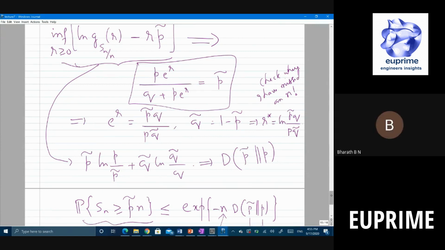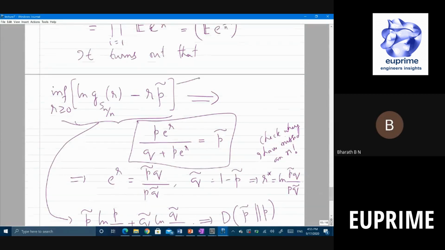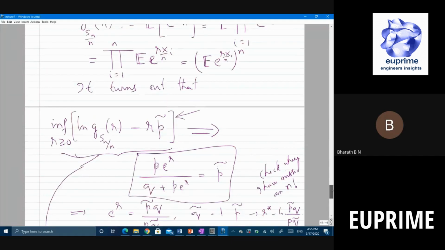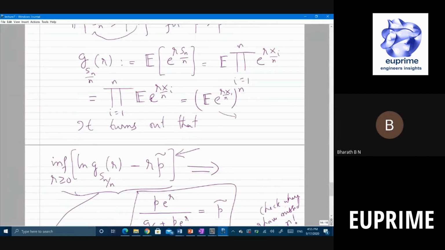So for example, I have to solve for this equation. In other words, I have to optimize this with respect to r. So how do you do that? Well, you have to compute this. What is this? This is summation over all x, of course, from 0 to 1, x e to the power rx by n. That's what you have.